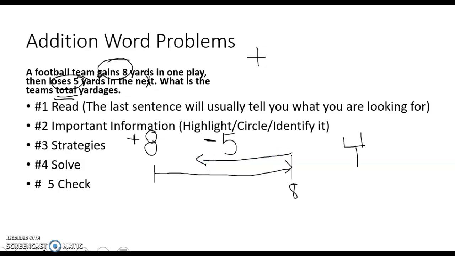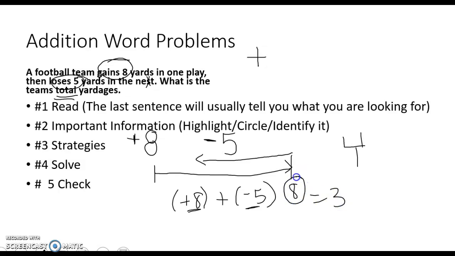Well, this is an addition problem. When I add 8, here's the problem that I'm solving. When I total it with the lost 5 yards, the signs are different when I'm adding. So when the signs are different, I find the difference between those two numbers. The difference between 8 and 5 is 3.